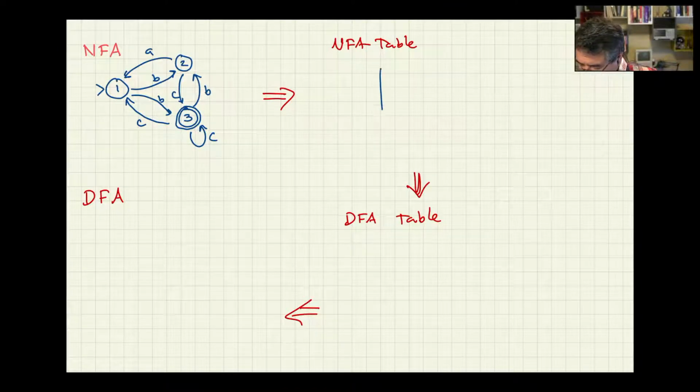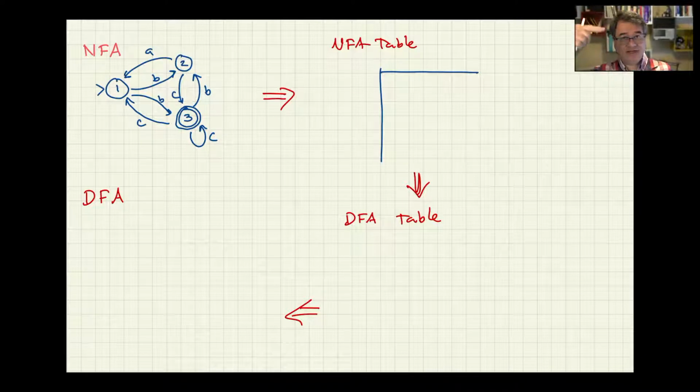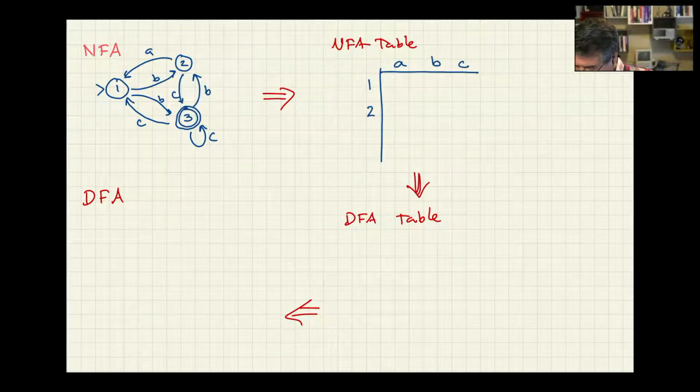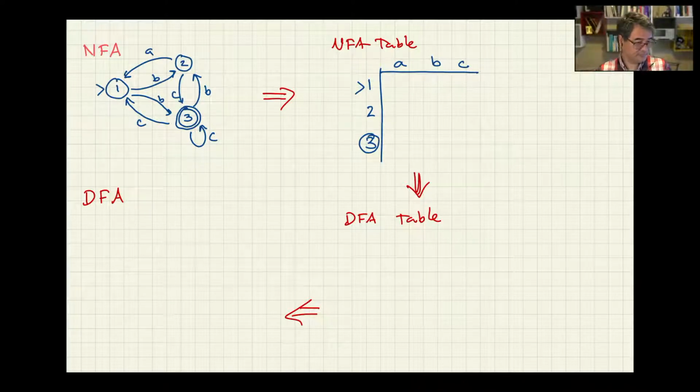So in our table, we're going to have the states listed down the side and the symbols across the top. And we're going to mark our starting state and accepting state. And then inside the table, just fill in the transitions.